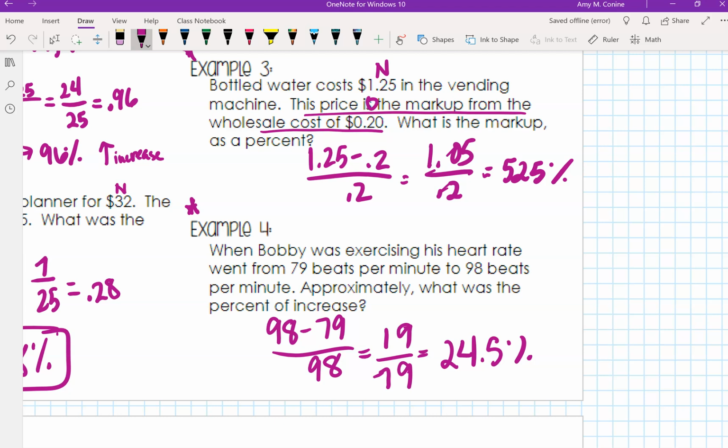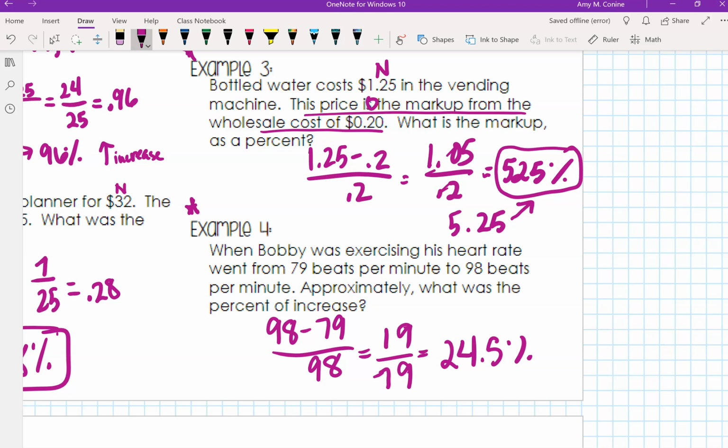So when you subtract the two, you get $1.05 divided by the original 20 cents. So it's a markup of 525%. So you should have gotten this decimal 5.25. It's not $5.25, it's the percent 525%. So bottled water is one of the biggest things that gets marked up. It's super cheap to make, but we pay a lot for it.